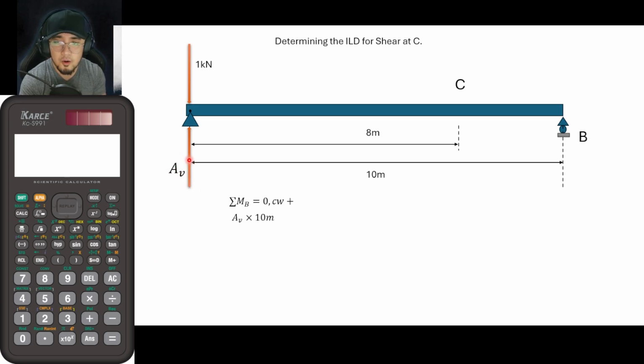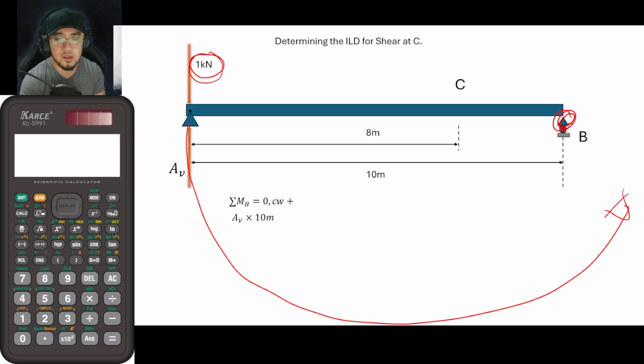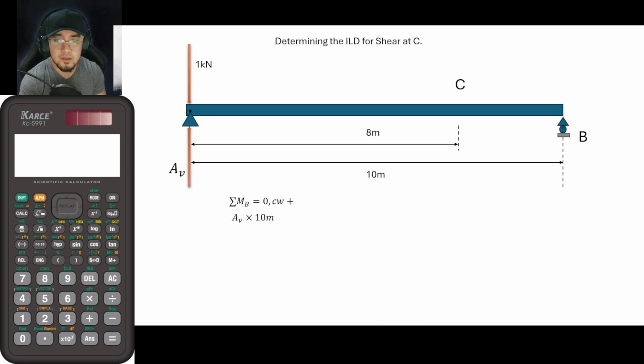Aside from AV, we also have a moment brought about by this 1 kilonewton load, I should say. Since this 1 kilonewton load has a tendency to rotate this point in a counterclockwise direction, it must be negative. So negative 1 times, what is now the lever arm? The lever arm is once again the perpendicular distance from this point up until this point.